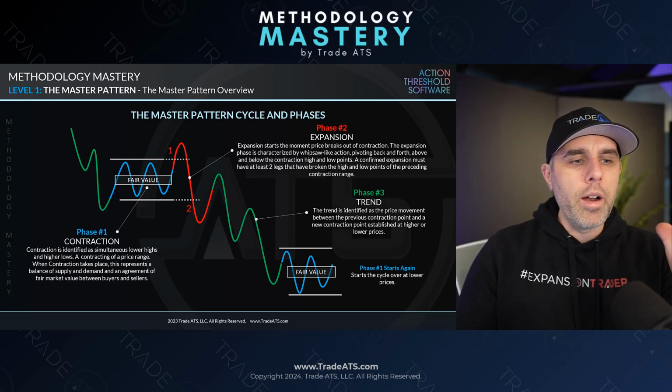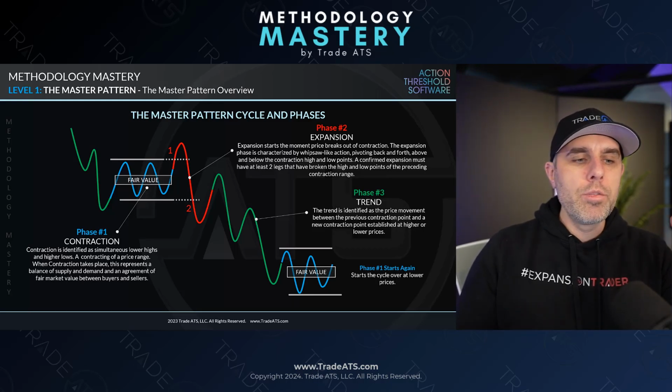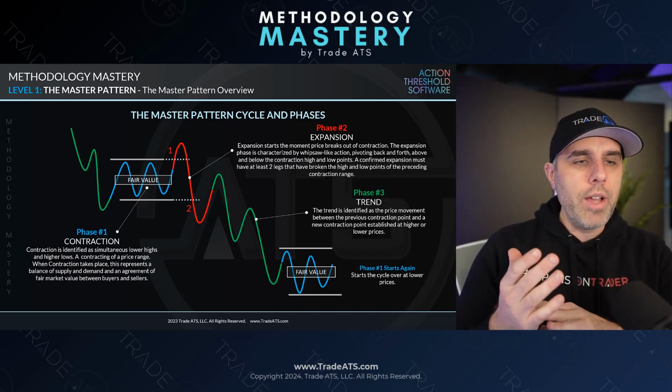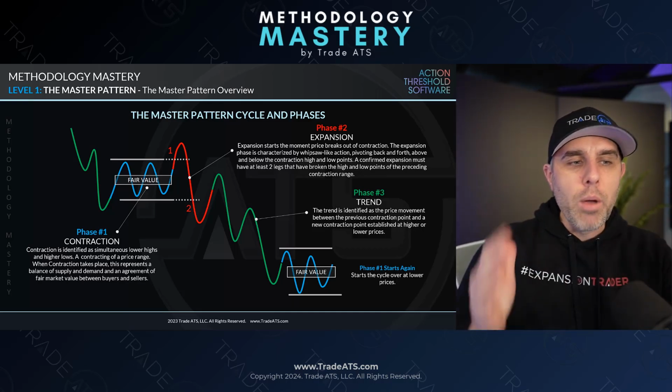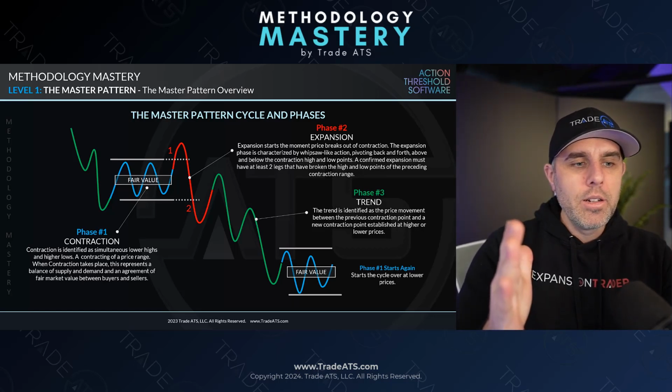That's really where the market's going to be the easiest to trade, and it's going to have the biggest movement. The problem, and the reason why most people lose money, is because number 1, they don't understand the market moves and phases, and number 2, it is mostly in contraction and expansion all the time.